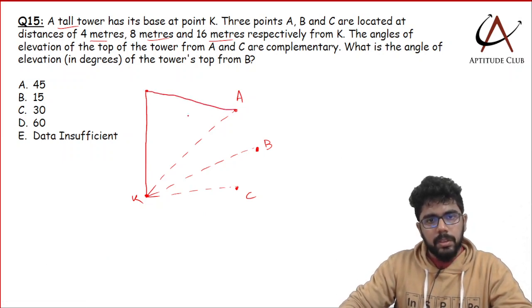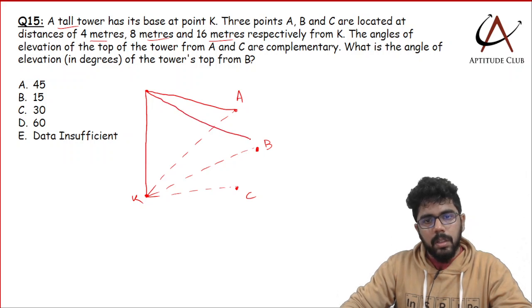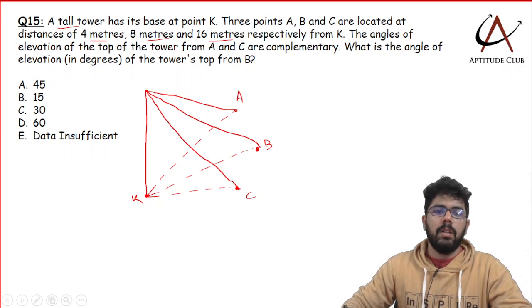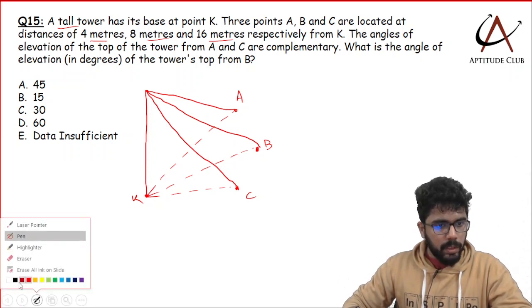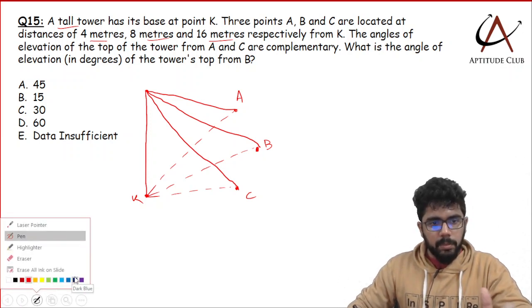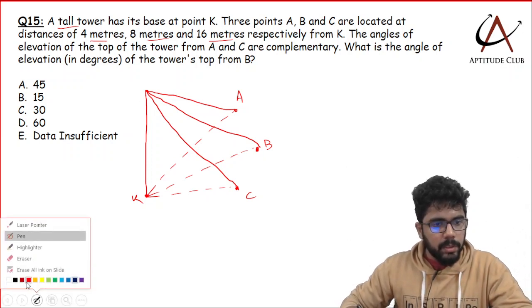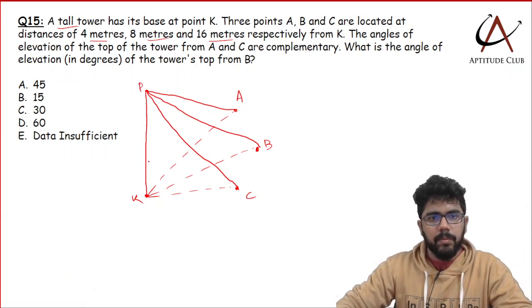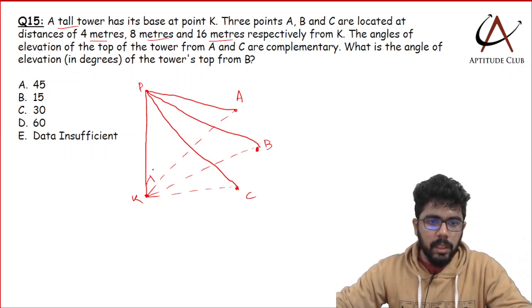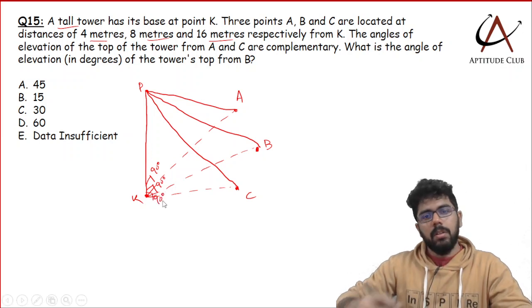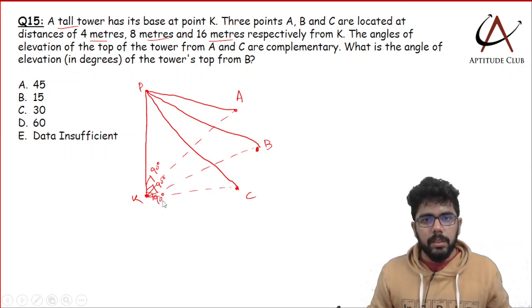We just join this. Okay, forget the diagram, it is a bit difficult to draw straight lines by hand, but I hope you will understand. So let me name this point as P. Now all these angles are individually 90 degrees. Are you able to understand?